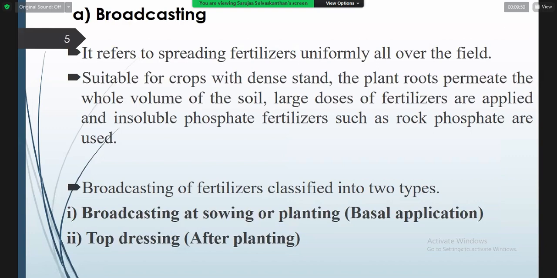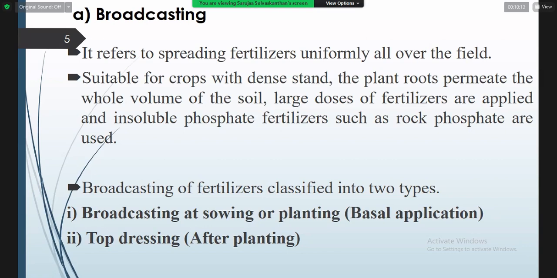Large doses of fertilizer are applied, and insoluble phosphate fertilizers such as rock phosphate are used. We can use urea, phosphate and rock phosphate. Some fertilizers are used as the broadcasting method.